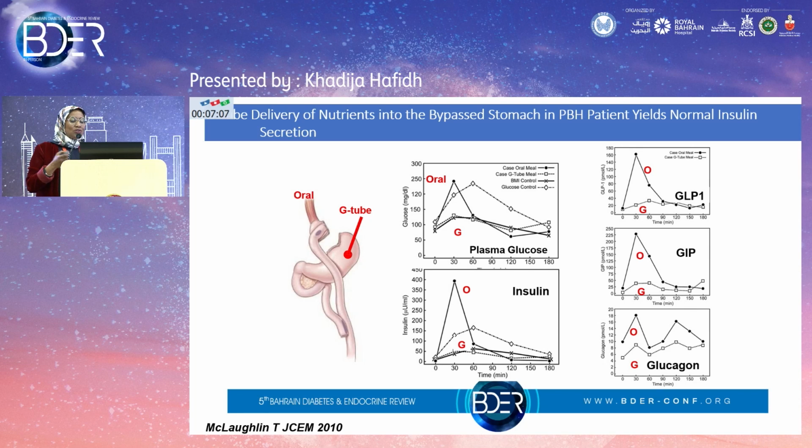So just to show you, how does the G tube work? As you can see, the dashed lines are with the G tube. Your glucose excursion is lower, the insulin levels are lower, and GLP-1 and GIP levels are also reduced when you're giving it through the G tube, as opposed to the higher spikes when you're giving the patient their food orally.